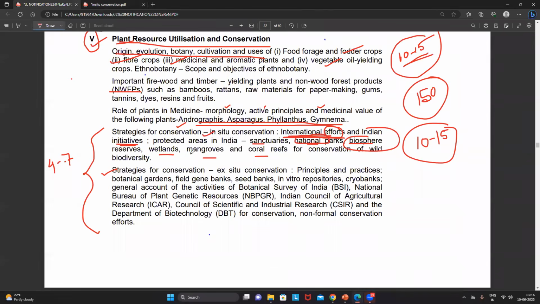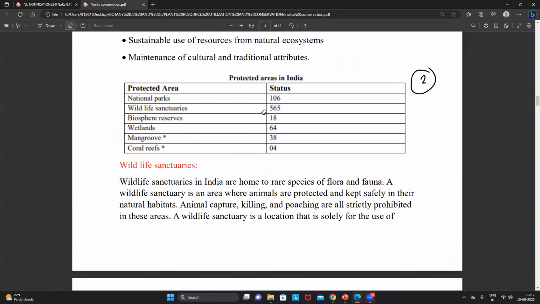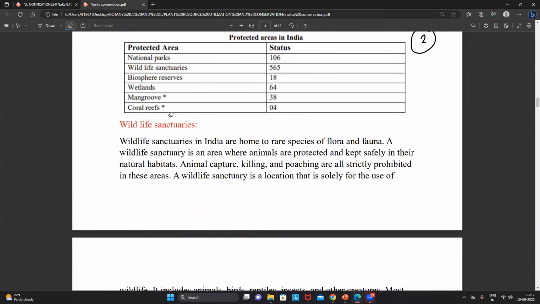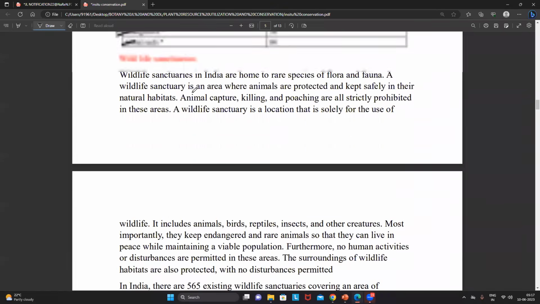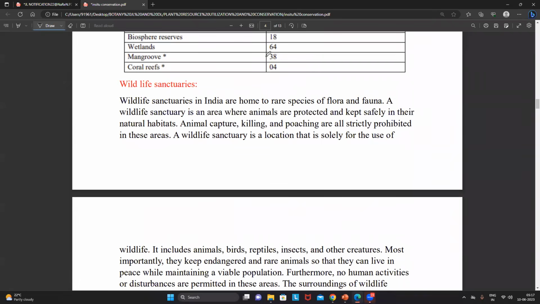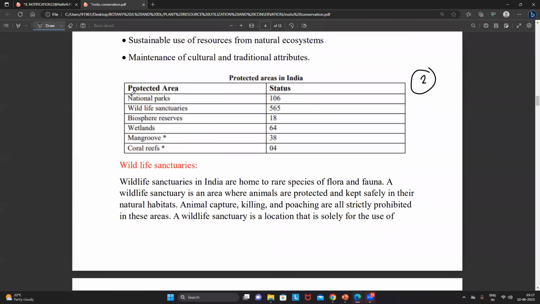National park, biosphere reserve, wetland, mangrove, coral reef sanctuaries. Only these six were asked in our syllabus specifically. Here it is difficult because you can't remember all. So to help you, I made the exact number of each and every protected area. For six protected areas, you have to read along with our syllabus.